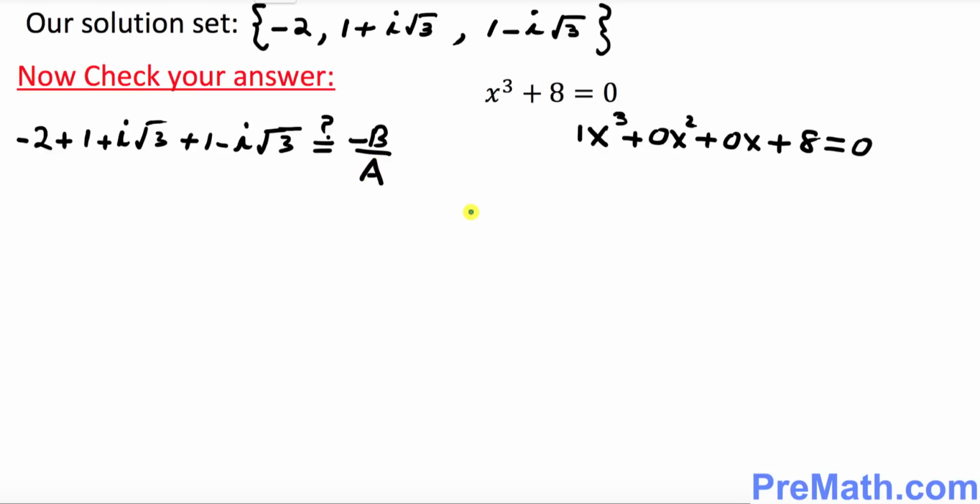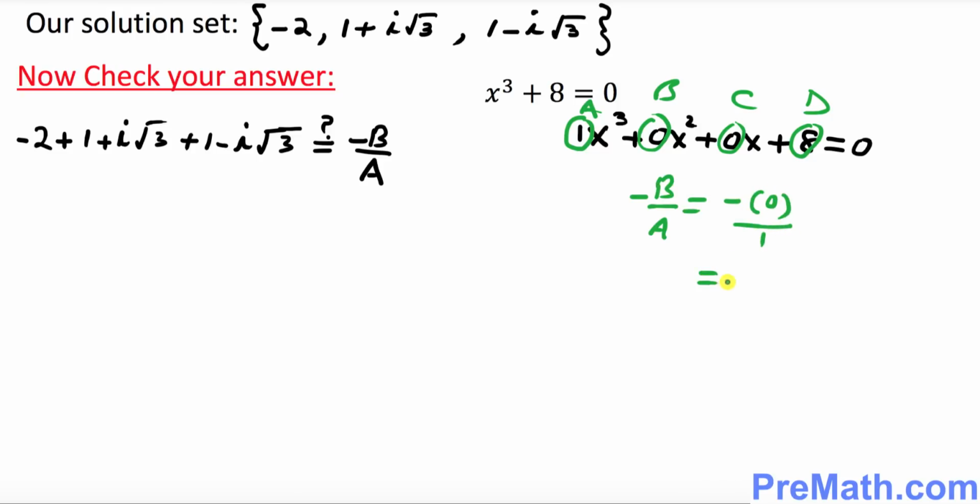Now you might be wondering what a and b are. In our cubic equation, a is 1, b is 0, c is 0, and d is 8. So that means minus b over a is going to be -0 over 1, which is 0. So minus b over a turns out to be 0.